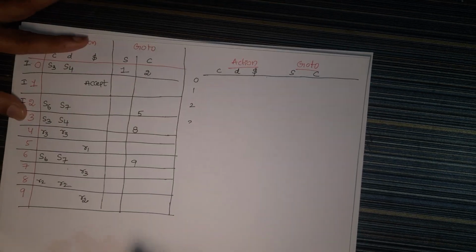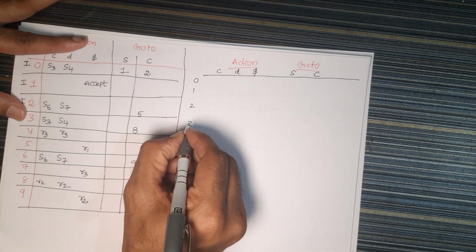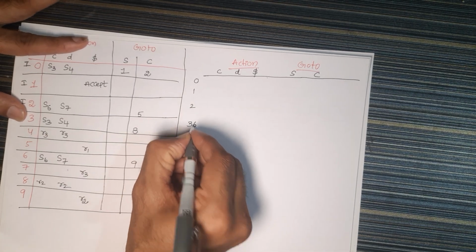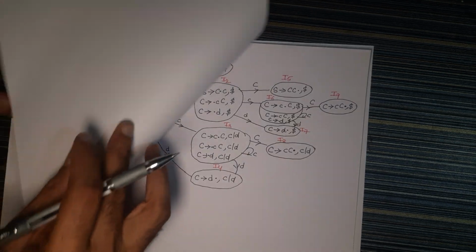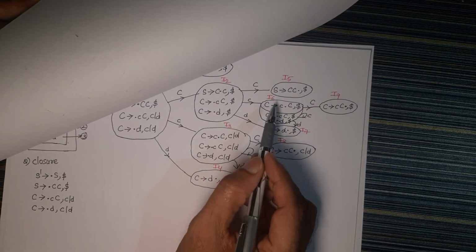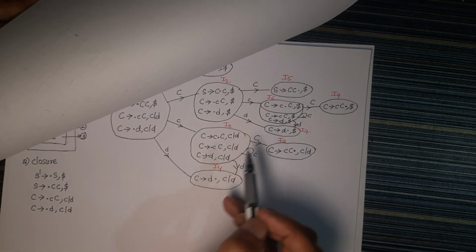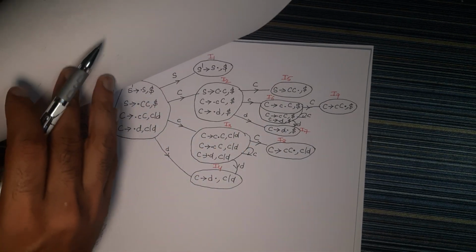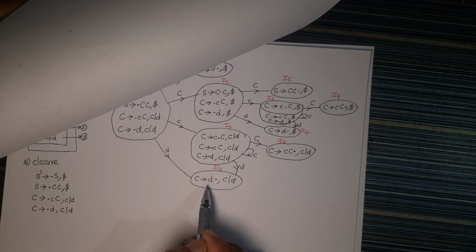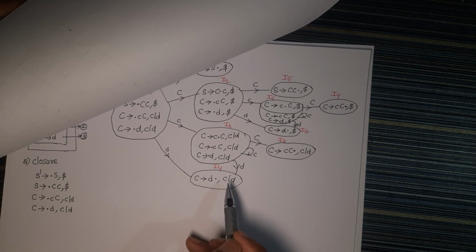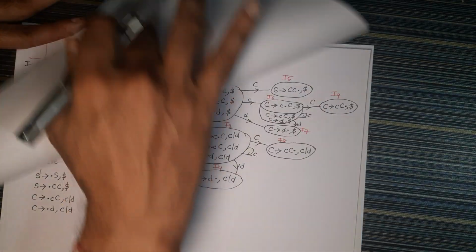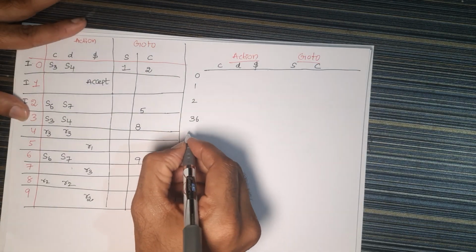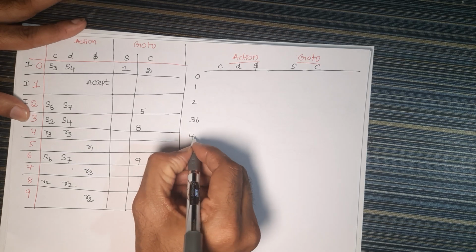That's why we are going to merge 3 with 6, because the productions of I3 and I6 are the same. Now, what about I4? I4 has C tends to D dot, with C by D, as well as C tends to D dot with dollar, both are the same. So we are going to merge 4 and 7.